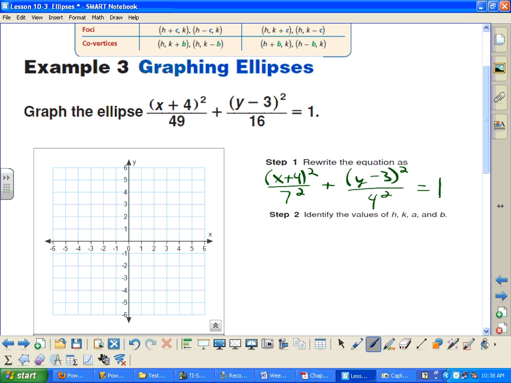So then I know that a is equal to 7, because a is always the biggest number in the denominator. b is equal to 4. h is our x-coordinate for the center, and that would be -4. And k, our y value, is 3.